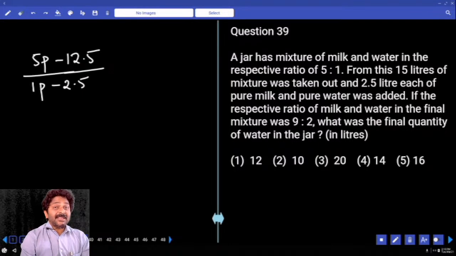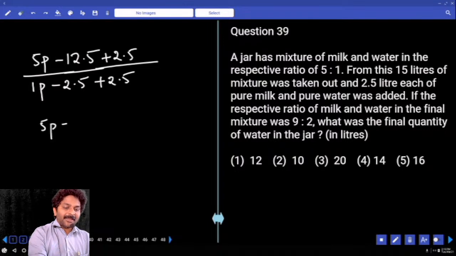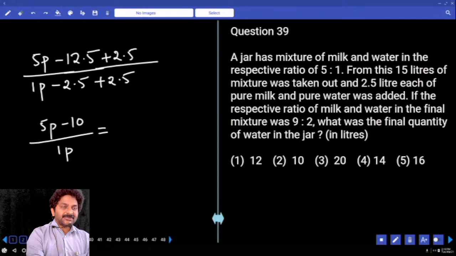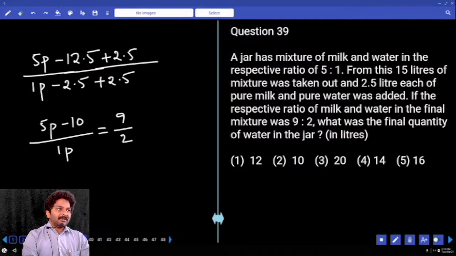Then how much is being added? 2.5 liters each of milk and water they are adding. Correct? Now if you observe your numerator, 5 parts minus 10. Denominator 1 part. This is final quantity. Agreed? And in this we have milk and water in the ratio. Now in the final mixture, what is the water quantity in terms of parts?